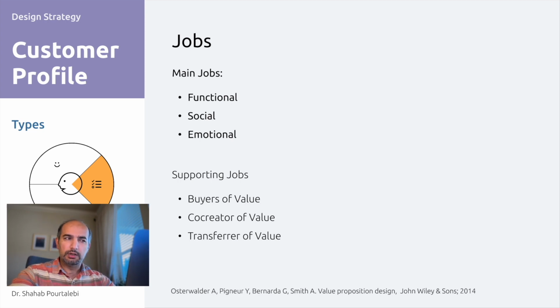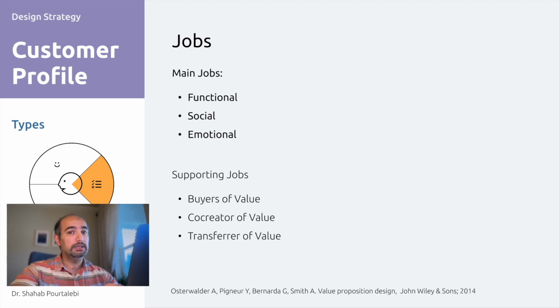So what I'm trying to say here is that in your application design, you might have different degrees of all these types of jobs, which you need to consider. Sometimes one of them would be much more important than others.